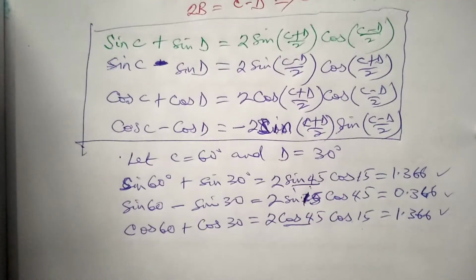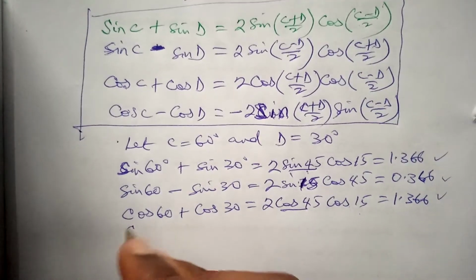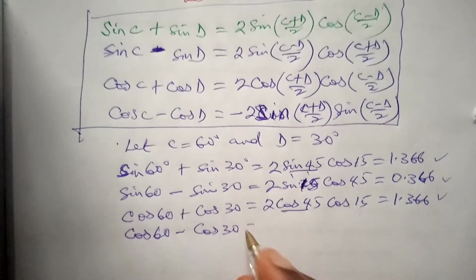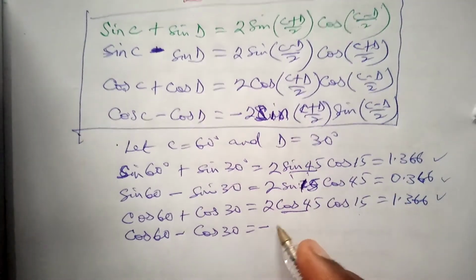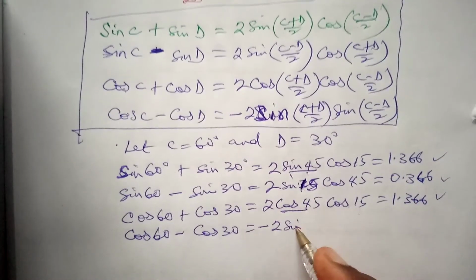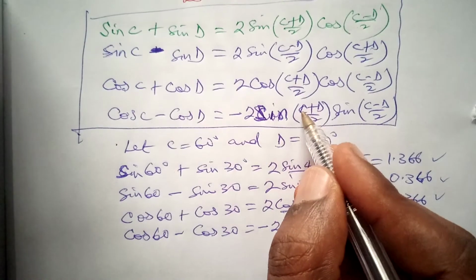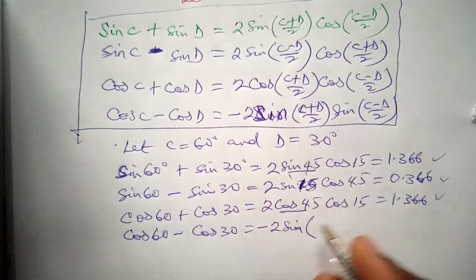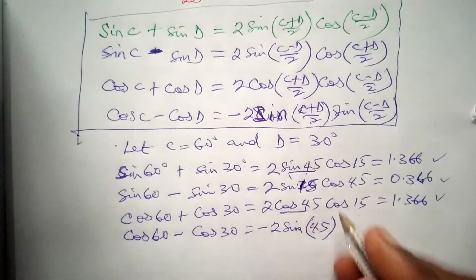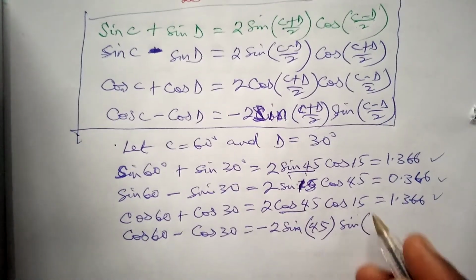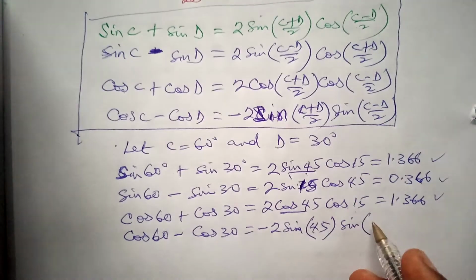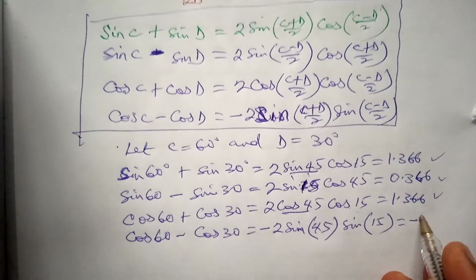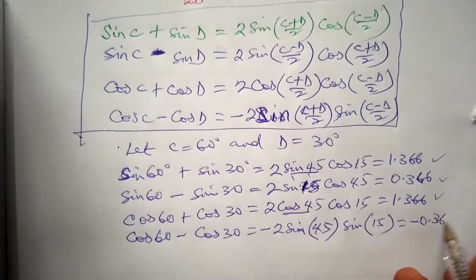The final one we'll do is cos 60 minus cos 30. From this formula, we get minus 2 sin of (60 plus 30 over 2), 45, sin of (60 minus 30 over 2), 15, and we have minus 0.366.